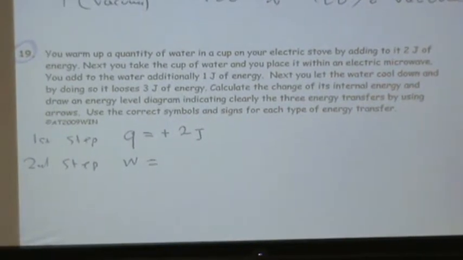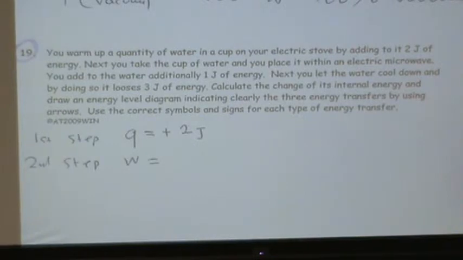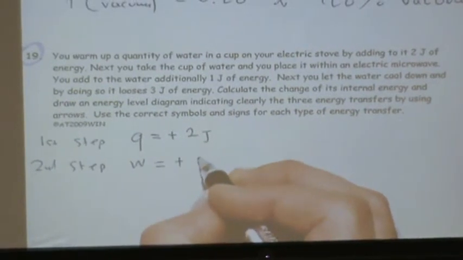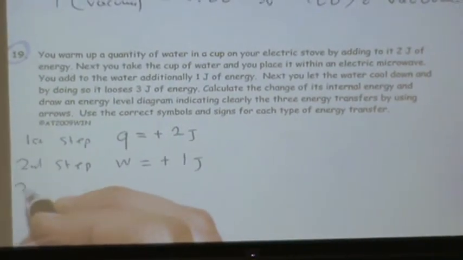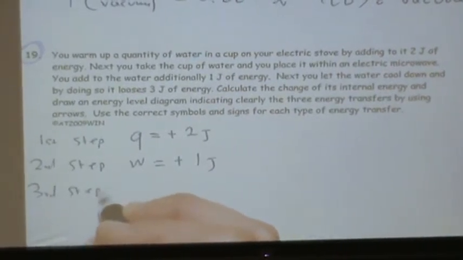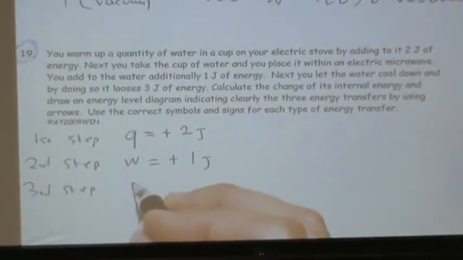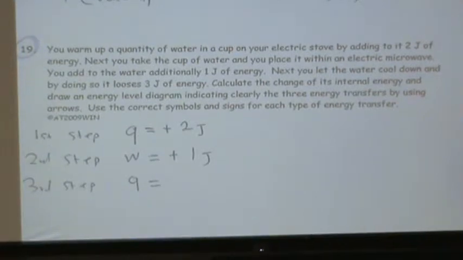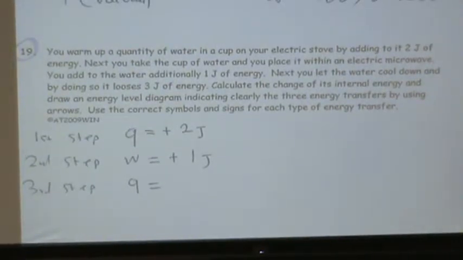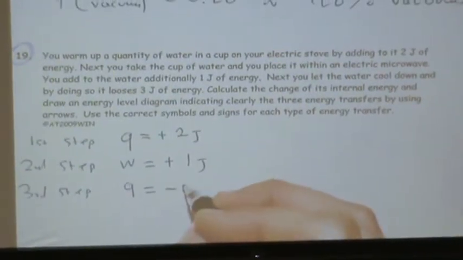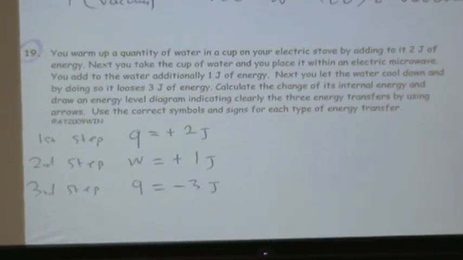So it's plus or minus? Plus. How much? 1 joule. And then third step is what? Q. What's plus or minus? Minus, right? According to the problem, if you read it carefully, it's minus 3 joules.